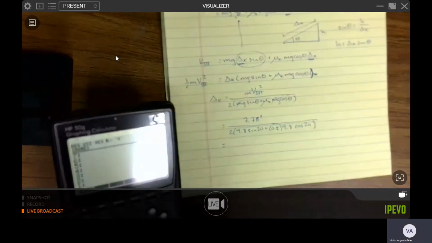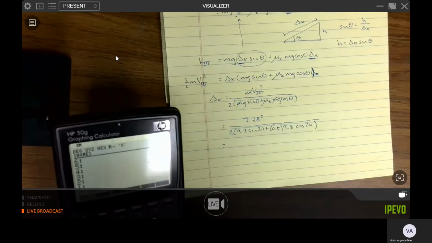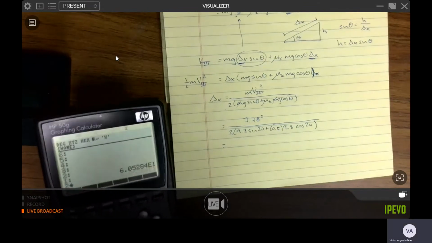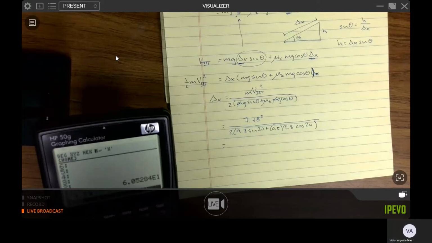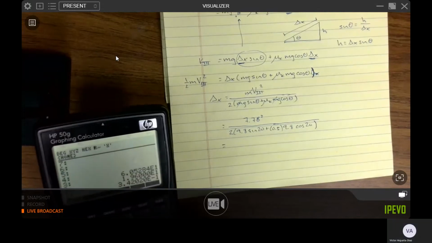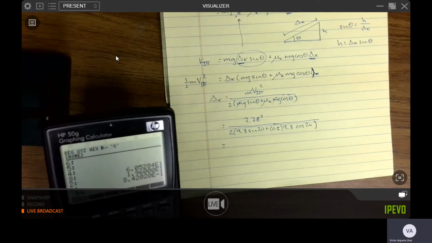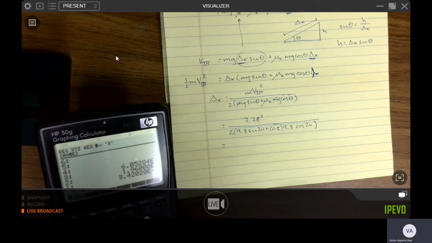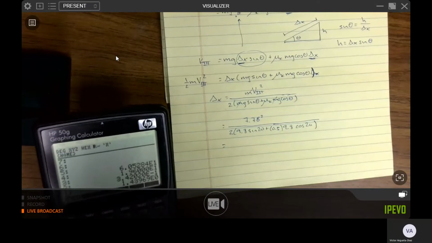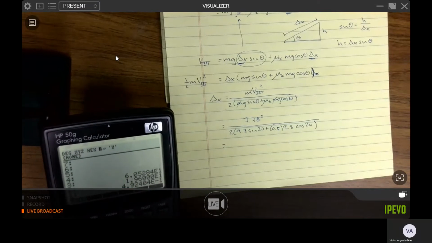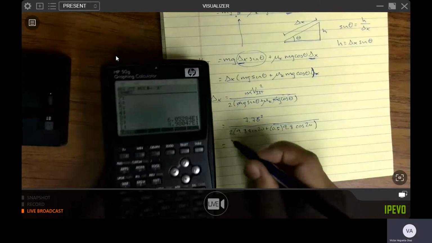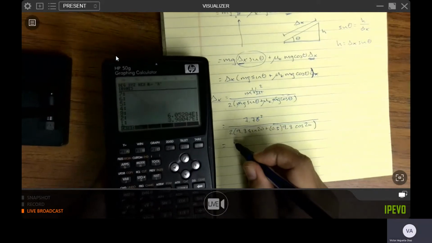We can find a numerical value. So 7.78 squared, and then, whoops. Really?